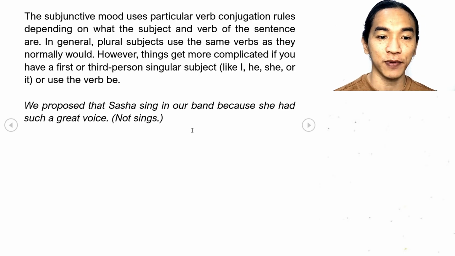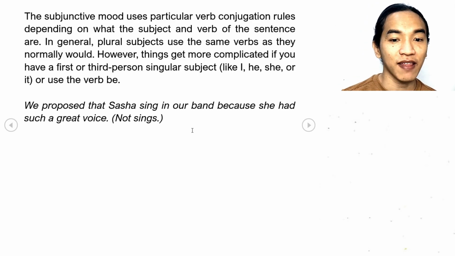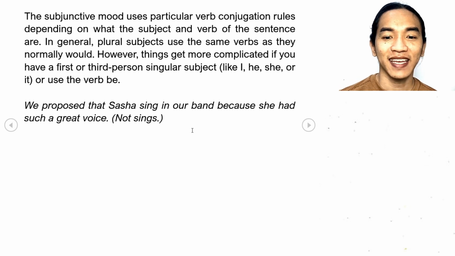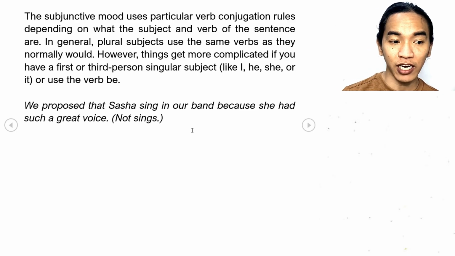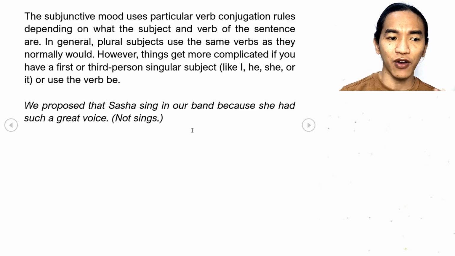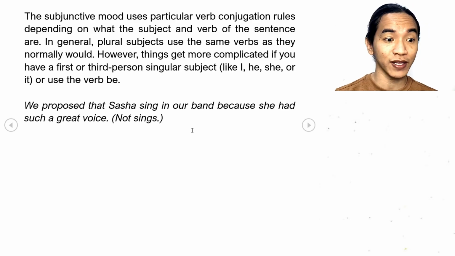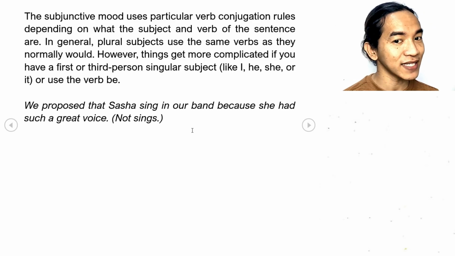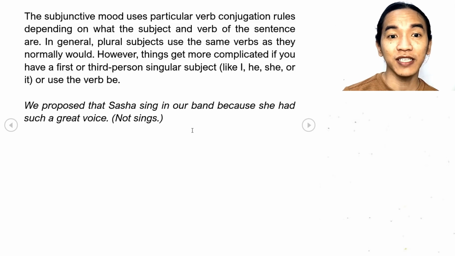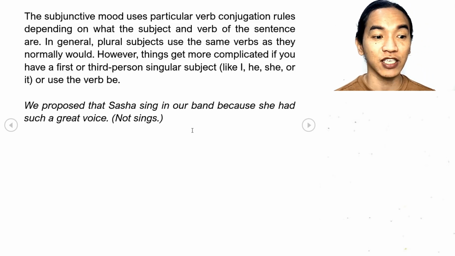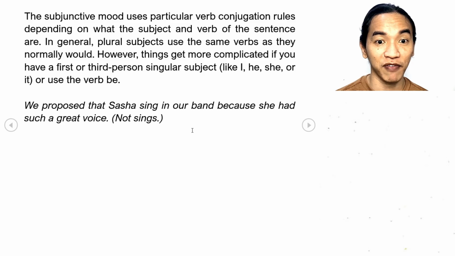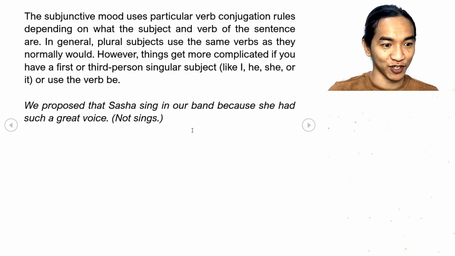For example: we proposed that Sasha sing in our band because she had such a great voice, not sings. Since Sasha is singular, we normally think it would take a singular verb with s. However, the subjunctive mood has a different verb conjugation or subject-verb agreement rule that we have to understand.